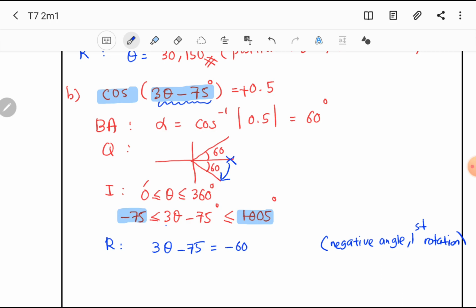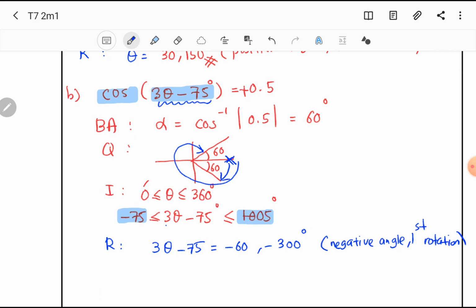Okay, so kita pergi lagi. Kita start semula. From positive x-axis, we go down until jumpa first quadrant. So what is the answer? Negative 300 degrees.